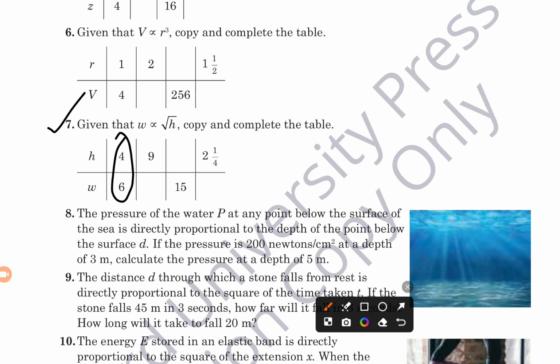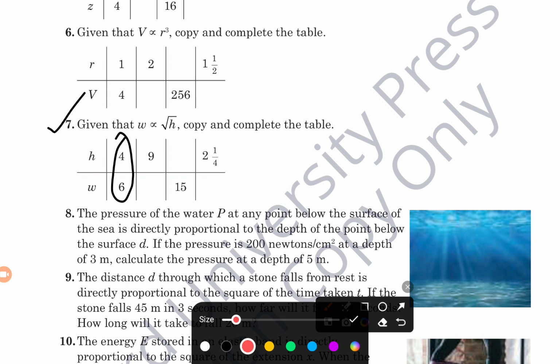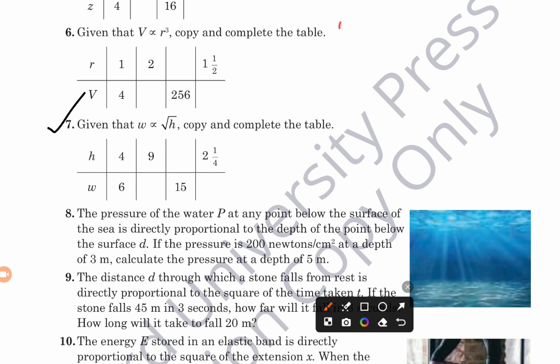With the help of these two values, we will find the value of the proportionality constant. W is directly proportional to the square root of h. So w equals k square root h. Use these two values: h is 4 and w is 6.